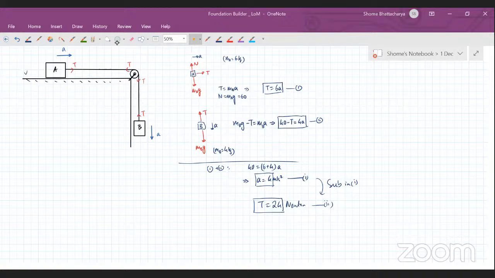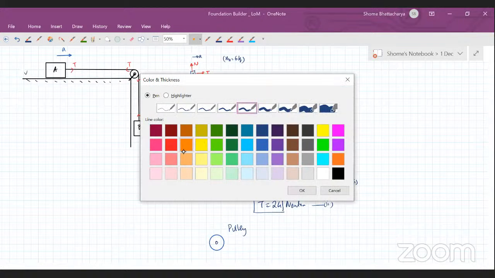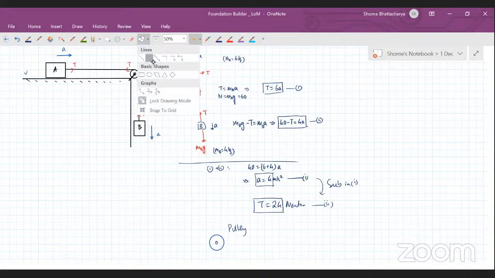So let's look at the forces acting on the pulley. So there are two tensions acting on it.